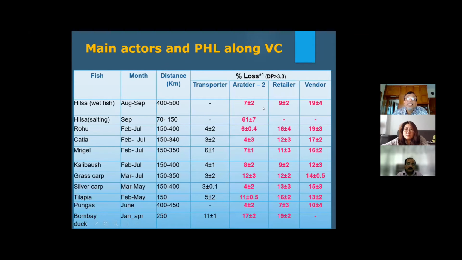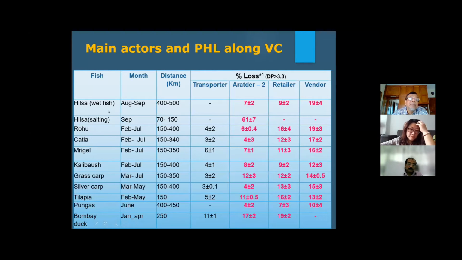This is the data of a qualitative loss assessment of fish post-harvest. It is old data, and we conducted a holistic loss assessment of 30 commercial fish species throughout the country.